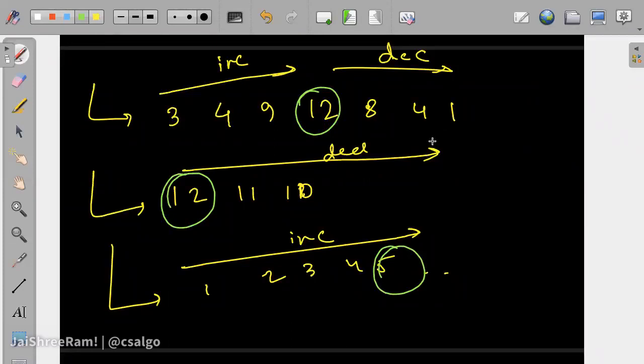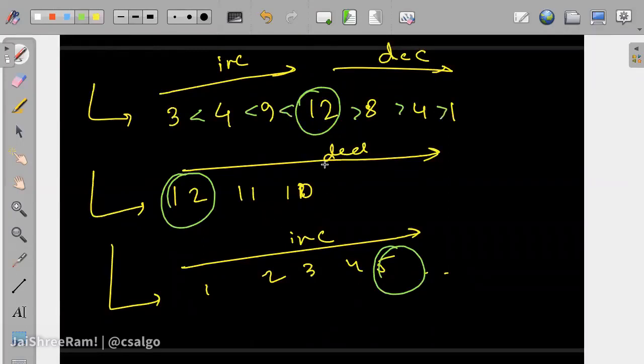So you are given an input which is a bitonic sequence. You need to find the peak of the bitonic sequence, and by peak I mean the element which is the largest. Can all elements be equal here? No, we are assuming that it strictly increases and then strictly decreases. That's a good point.